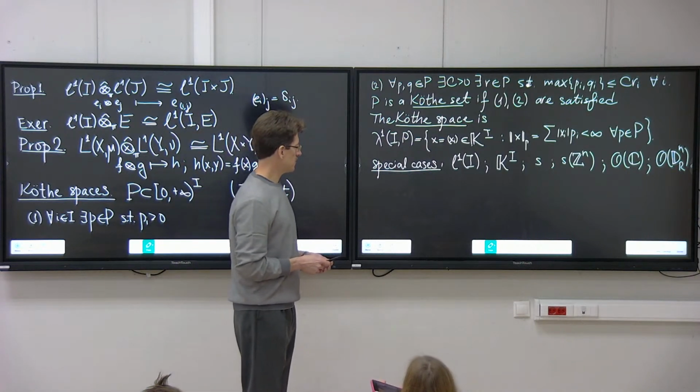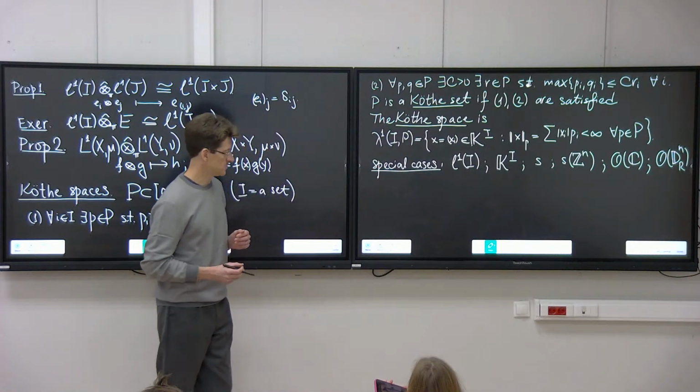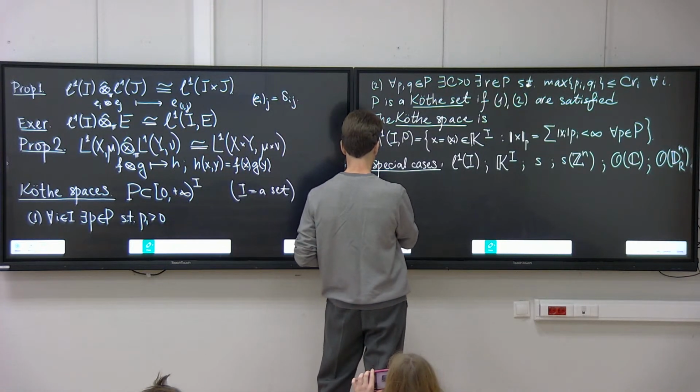Okay, so what we're going to do now is to describe the projective tensor product of two Curtis spaces. So let's introduce some notation.